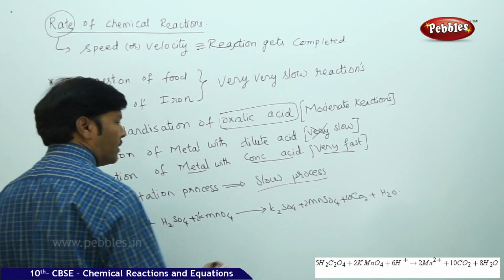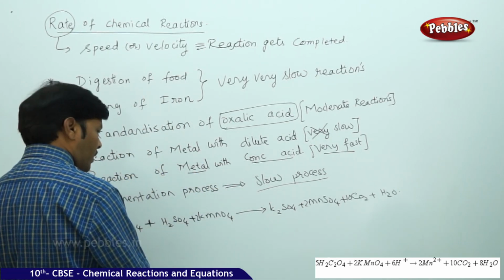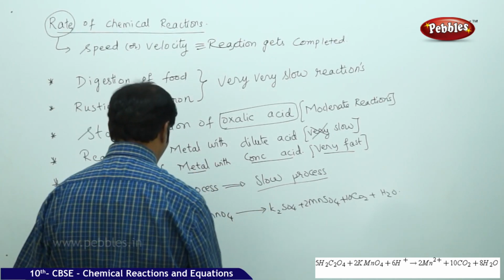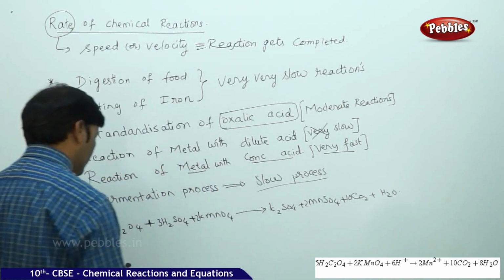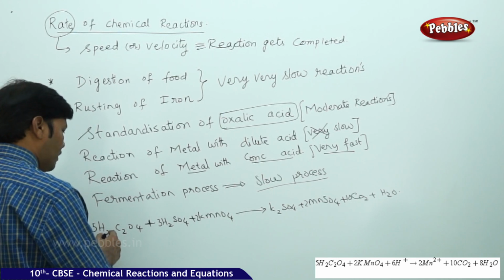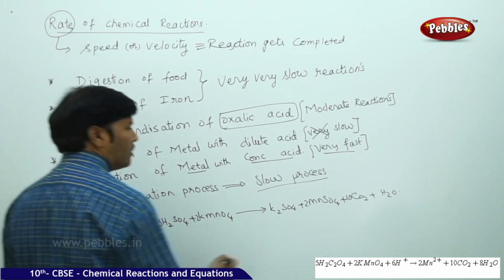Already you can see the number of sulfates and the number of hydrogens. If you take 5 to 10, the number of sulfates we have is 3, so if I take 3 over here, the sulfates are already balanced. So here the number of hydrogens is 10 plus 5 to 10 and 3 to 6, 16, and then oxygens.